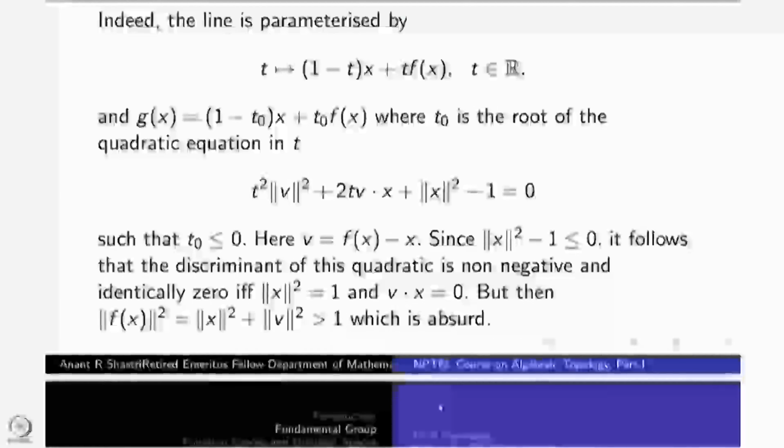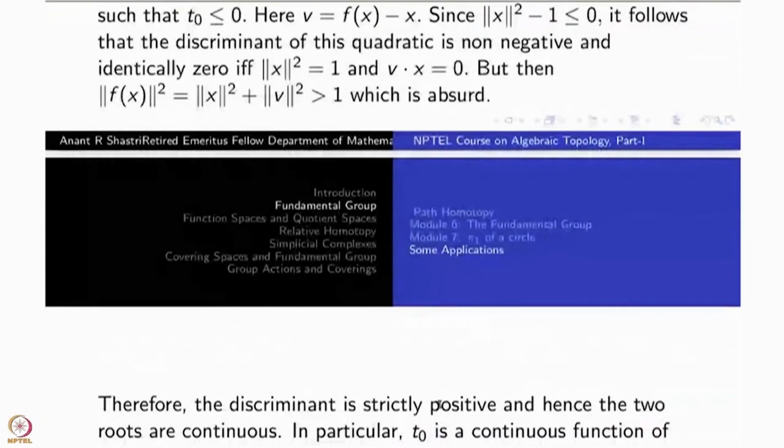Therefore, the discriminant is strictly positive, and hence the two roots are continuous. Whenever the discriminant equals 0, there will be a problem about discontinuity of functions. When it is strictly positive, you can take the square root, it will be a positive, continuous function.